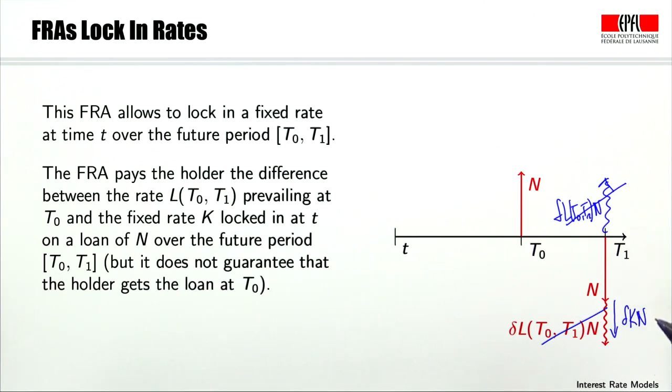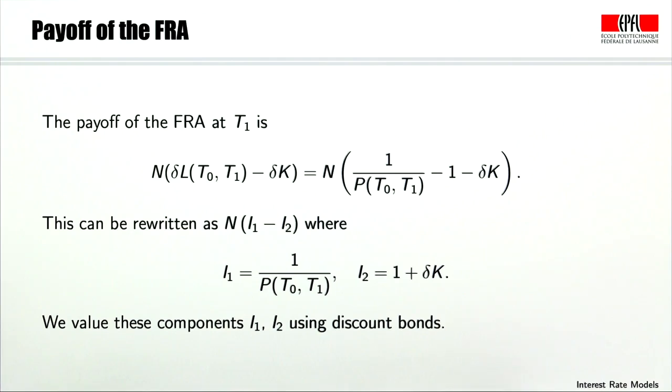what you are in fact paying is the fixed rate K. Now, of course, the question arises, what is a fair fixed rate K that you would fix today given the market information, that is all the zero coupon bond prices at small t? To answer this question, we now compute the value of this forward rate agreement and set it equal to 0.